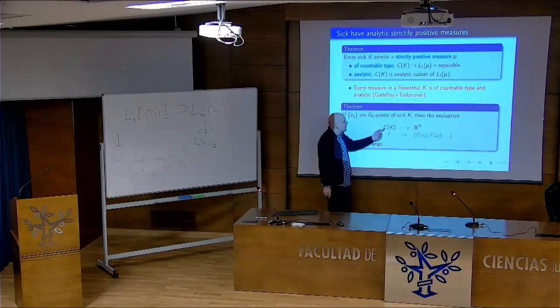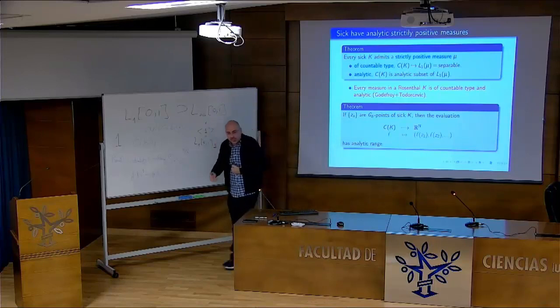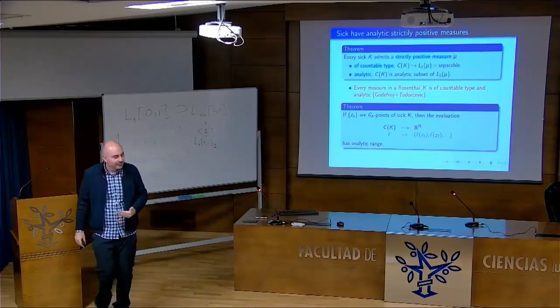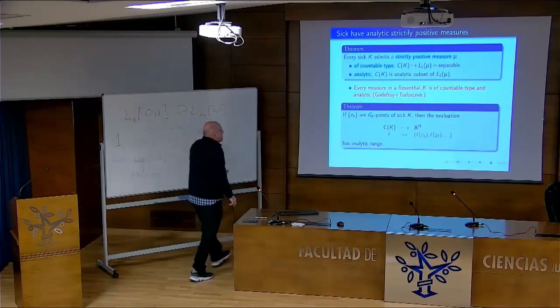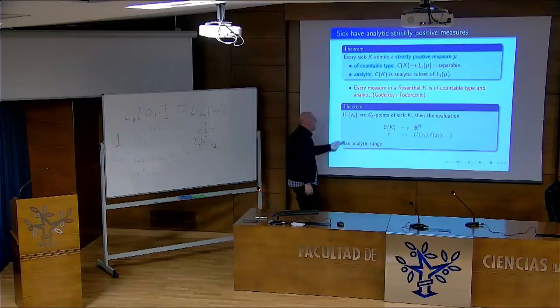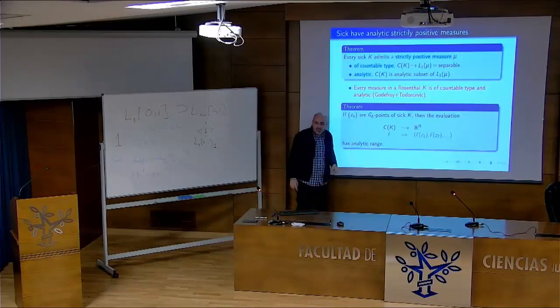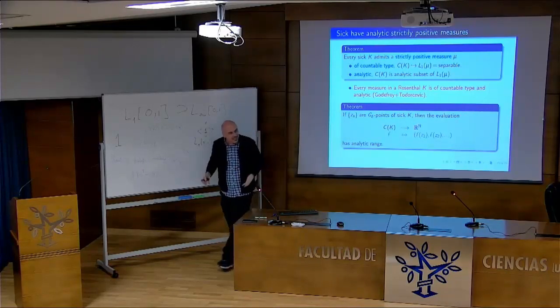And I claim that this representation is also an analytic representation. I get an analytic subset of R to the n. And this will happen all the time when I pick a sequence of G delta points. But I cannot pick arbitrary ones. If I take beta n, it will work very nicely if these are isolated points. But if I put in an ultrafilter, then I will get something which is not measurable, and it will not be analytic.